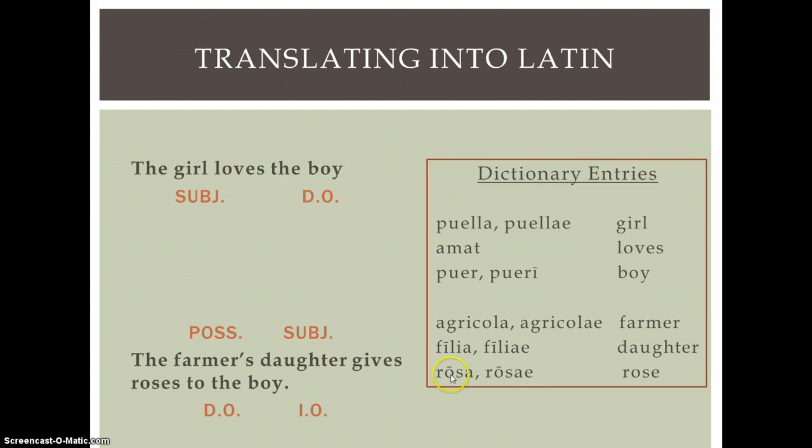How are you going to make rosa, rosae into a direct object plural accusative? And how are you going to make puer, pueri into the indirect object? Let me give you a second to write this down in your notes, because on the next slide I show you.